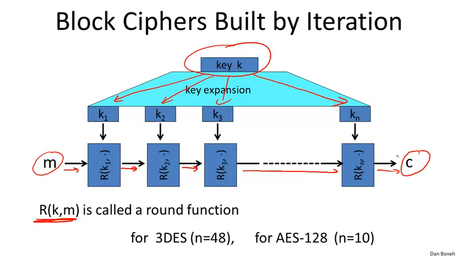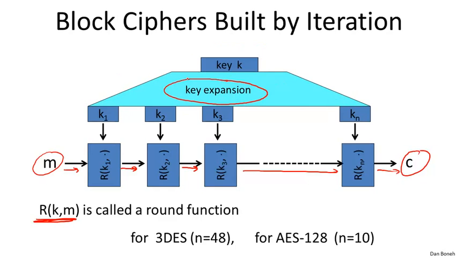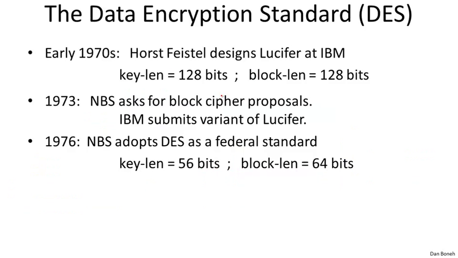To specify a block cipher of this type, one needs to specify the key expansion mechanism and the round function. In this segment, I'm going to focus on the round function and not talk much about key expansion, but key expansion is also a big part of describing how a block cipher works.